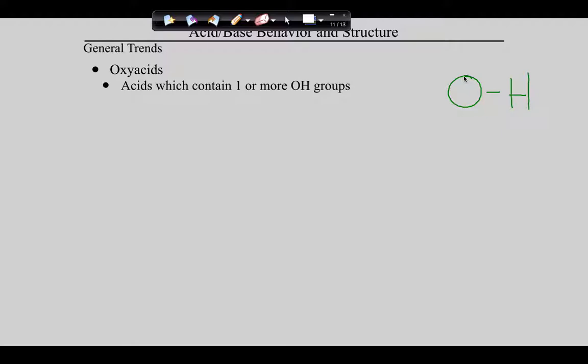This means that bond strength is no longer a determining factor in the strength of the acids. Why not? Because you're always bonded to oxygen, and that bond will always have the same strength, but not always the same polarity.